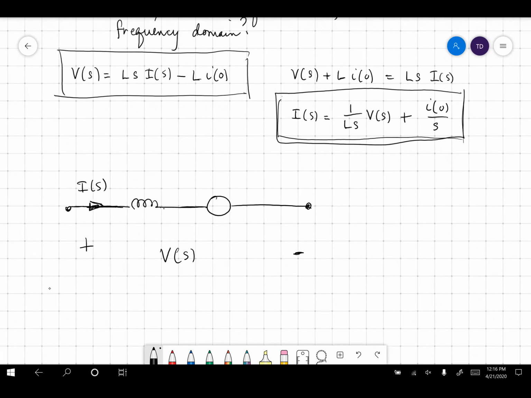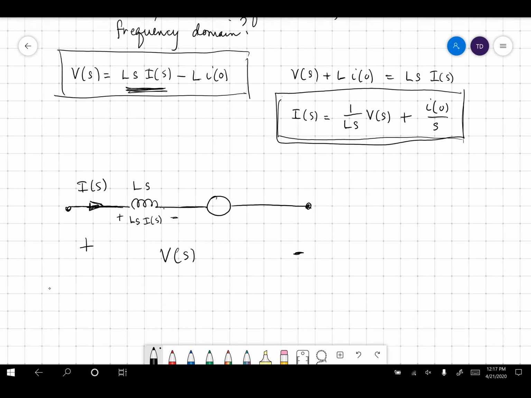Now, if we look at this, what we see is the following. This term is the voltage that comes from the current if the current were to go through an L S ohm impedance. So this voltage right here is L S I of S. That's that little voltage.